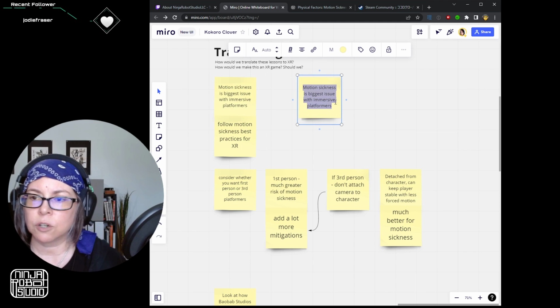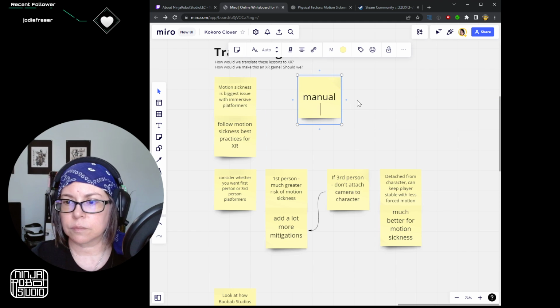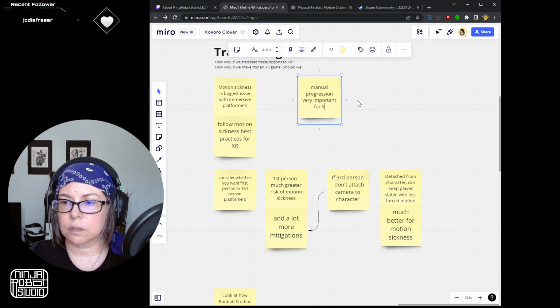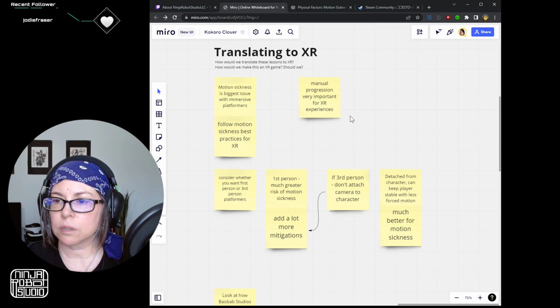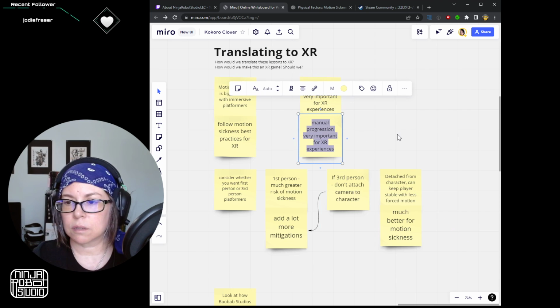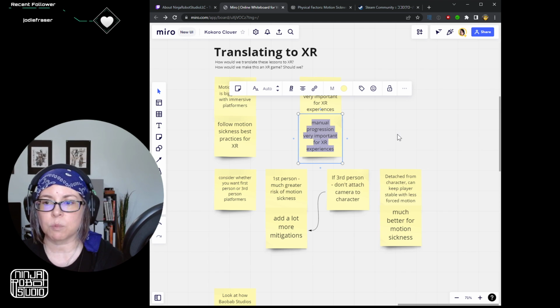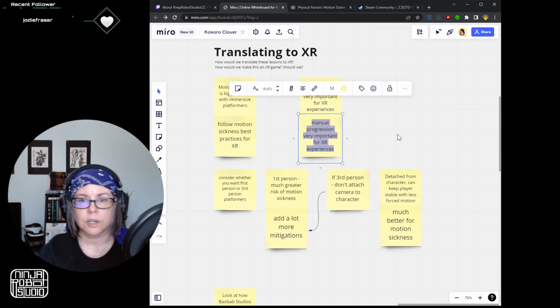Auto progression or manual progression is very important for XR experiences. Manual progression. Give them that power, because when you're distracted from a 2D game, it's not as big a deal because all you have to do is look.